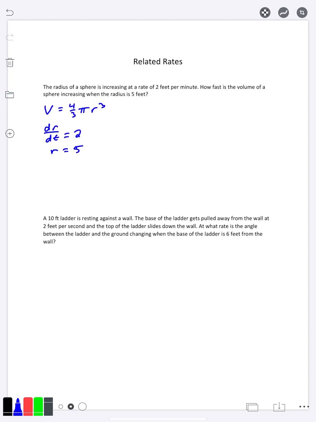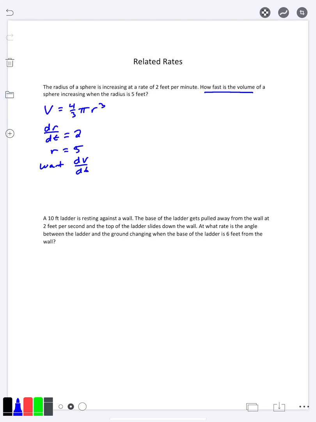And then what is the thing that we are trying to find in this problem? We are trying to find how fast the volume is changing. So that means we want to find dv dt.